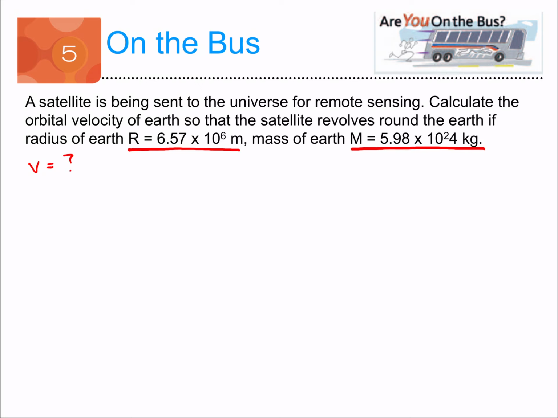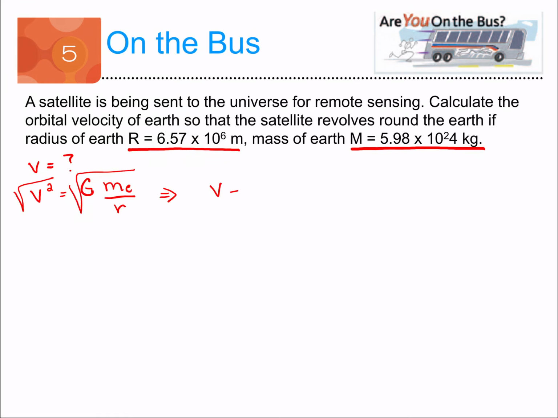We look at our formula sheet, and we see our formula is v squared equals capital G, mass of the Earth, over the radius. We want to rearrange this for v, and all we have to do is take the square root of both sides.